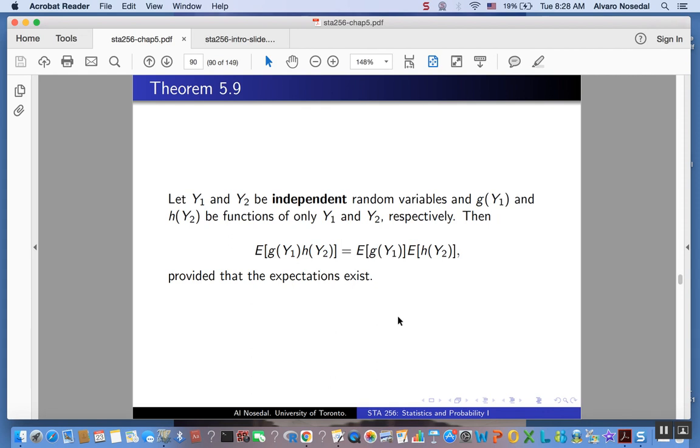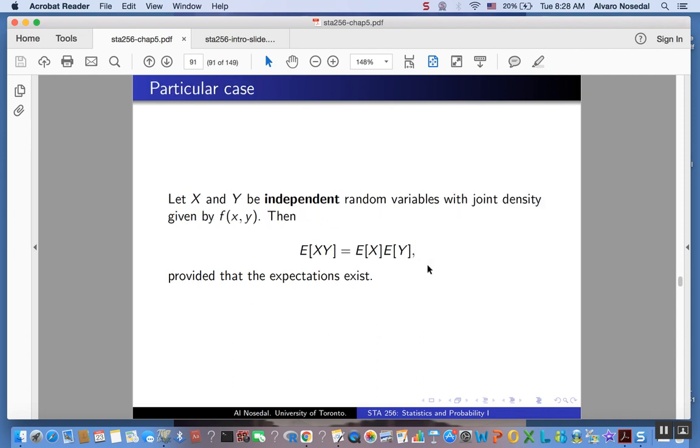Now, this result is important: if y1 and y2 are independent, and you come up with transformations g and h of those random variables, the expected value of g times h equals the expected value of g times the expected value of h.